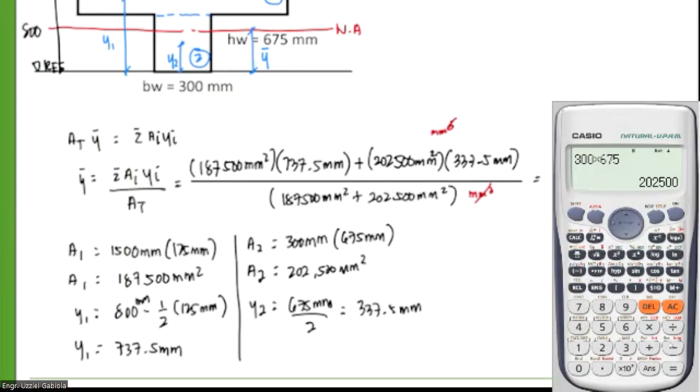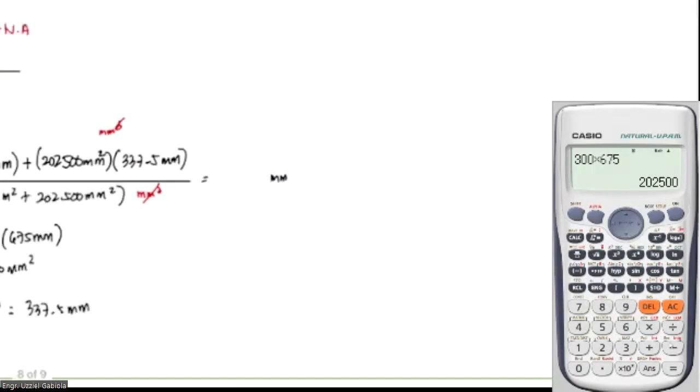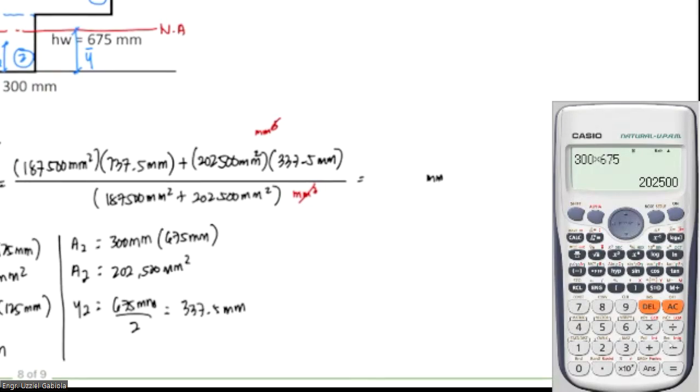Okay, so what will be the value of this number? Okay, let us try to solve it here. So we have 187,500 times 737.5 plus 202,500 times 337.5, all over our total area, which is 187,500 plus 202,500, and equals.